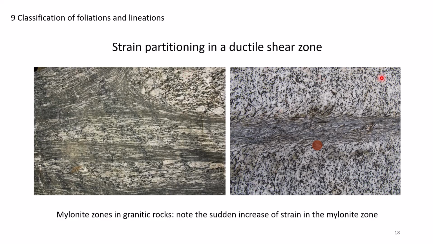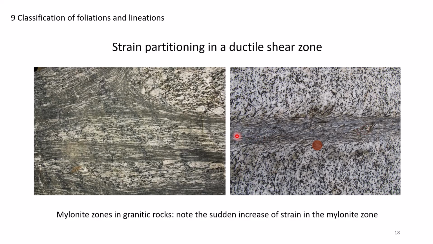On the right-hand side, there is an almost intact granitoid protolith, probably a tonalitic rock, cross-cut by a mylonite zone, and we can clearly see the deformation intensity increasing in the mylonite zone compared to the less or undeformed protolith. This is what a mylonite should look like, a sudden increase in deformation intensity.